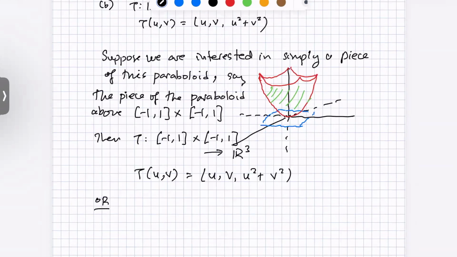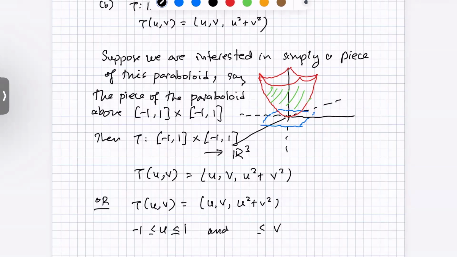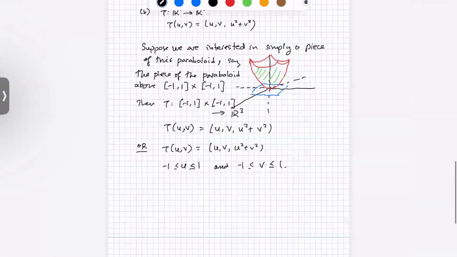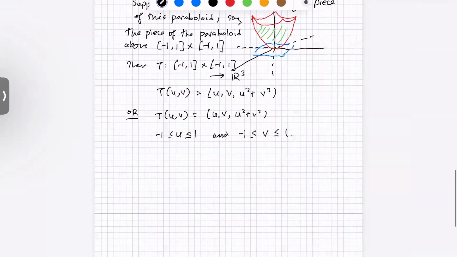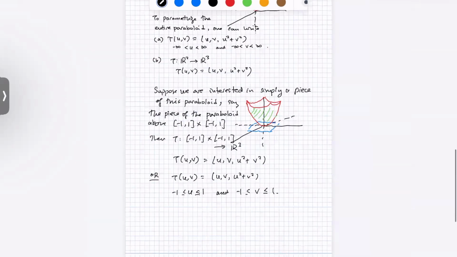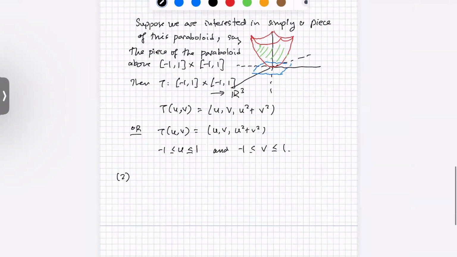Or you can write T of u, v equals u, v, u squared plus v squared, and specify that u is between -1 and 1, and v is between -1 and 1. Now, this is kind of an unnatural shape. So what if you wanted to do something slightly different with my paraboloid?